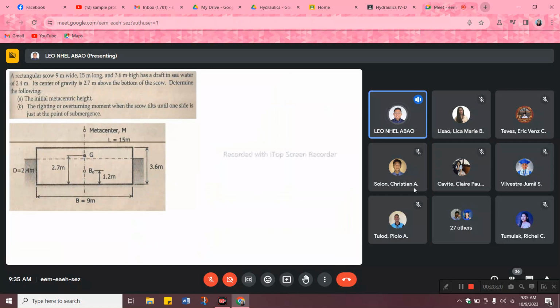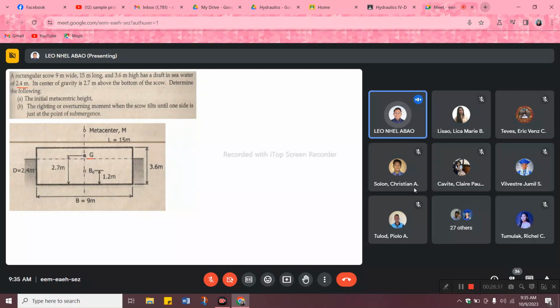The scow is 9 meters wide, 15 meters long, and 3.6 meters high. The draft is 2.4, and the center of gravity is 2.7 above the bottom of the scow.